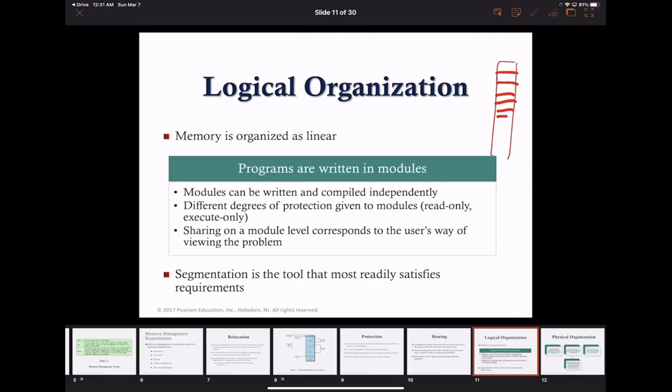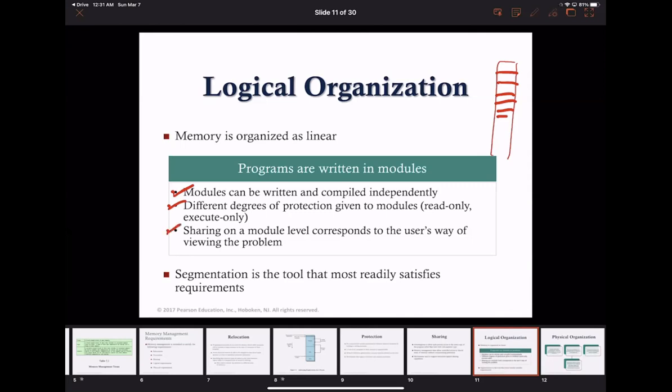If the operating system and computer hardware can effectively deal with user programs and data in the form of modules of some sort, then a number of advantages could be realized, including that modules can be written and compiled independently, with all references from one module to another module resolved by the system at runtime. Also, with modest additional overhead, different degrees of protection, like read-only and execute-only, can be given to different modules.